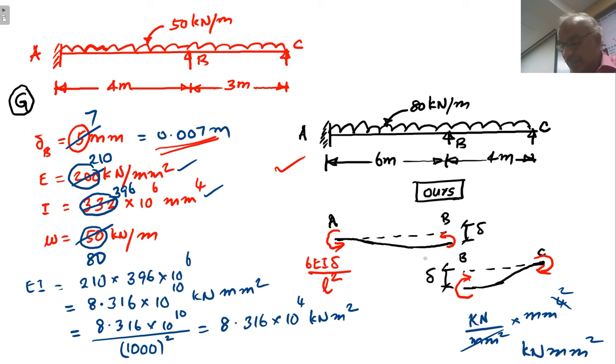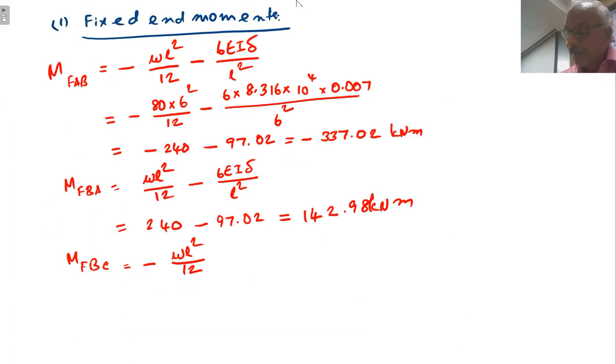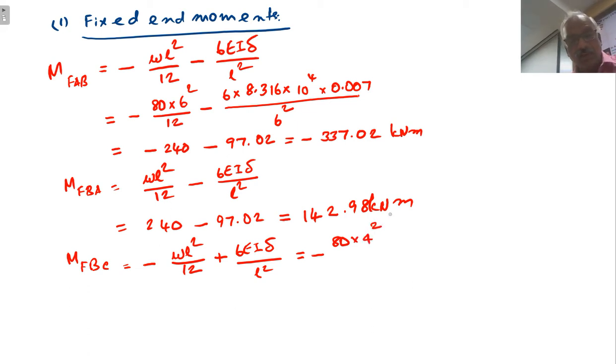And settlement is again 0.007. Left support settles, therefore both values will be plus. So coming to this, it is plus 6 EI delta by L square. W is 80, for the second span, L equal to 4 meters.